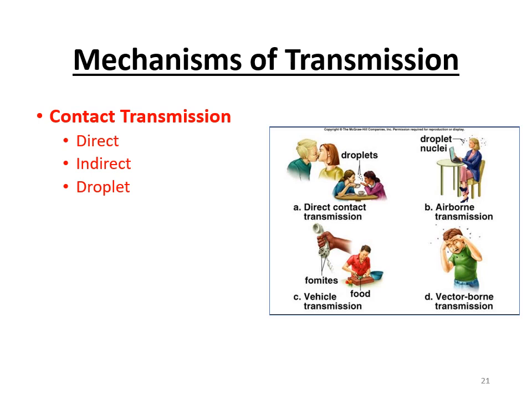The next example of transmission is vehicle transmission. This is the one where pathogens are hitching a ride on something you would think would be clean, such as food or a fomite, like we talked about in lab. Vehicle transmission differs from indirect transmission because the object is something that you don't associate with a sick person.